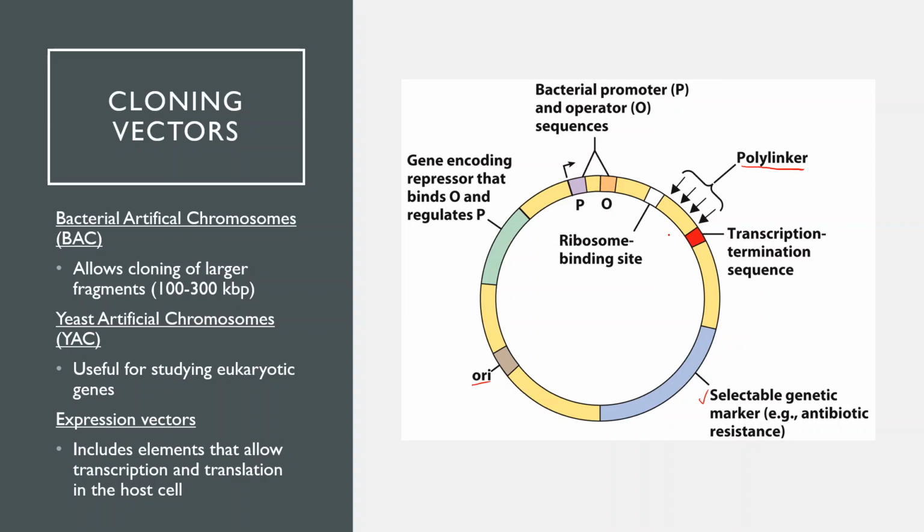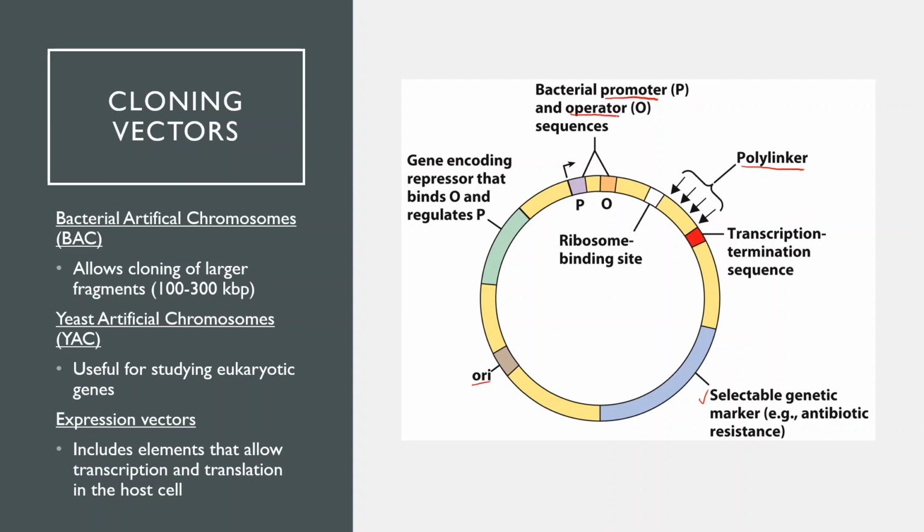So like I said before, even if you're cloning, let's say, a human gene in a bacterial host, even though bacteria and humans use the same genetic code, the regions of the gene that the bacterial transcription proteins recognize are different than that of humans. So this plasmid contains these regions called the bacterial promoter and operator.